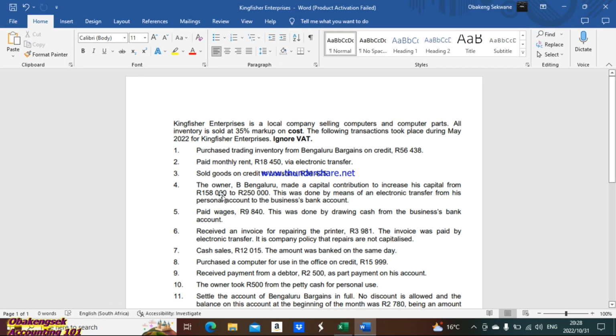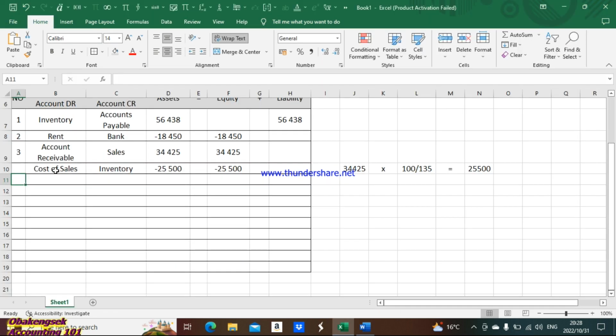Then we move to number 4. The owner, B. Bangalore, made a capital contribution to increase his capital from 158,000 to 250,000. This was done by means of an electronic transfer from his personal account to the business's bank account. So for number 4, we're going to have bank, because the money came into our bank, and then we have capital.